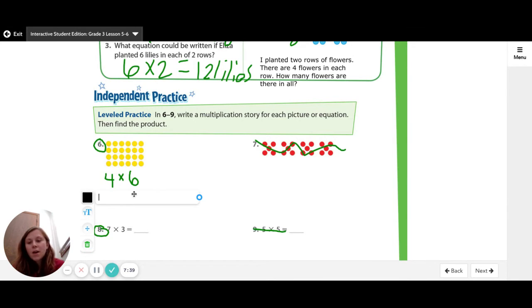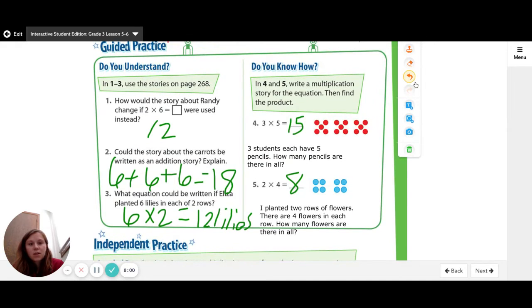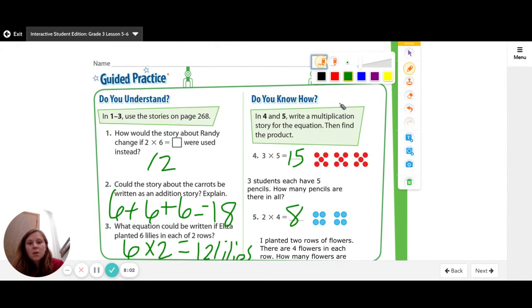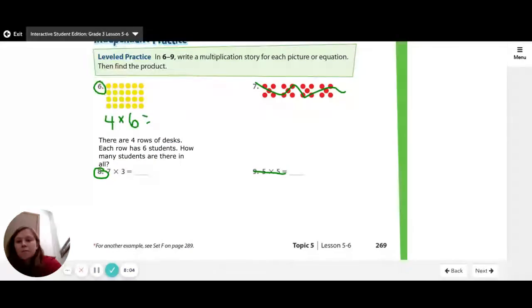I could think about there are 4 rows of desks. Each row has 6 students. How many students are there in all? So I'm thinking about 4 times 6. I know 4 times 6 is 24.